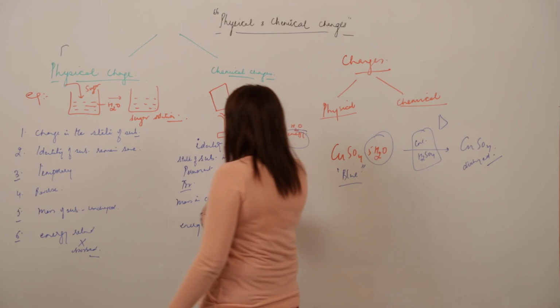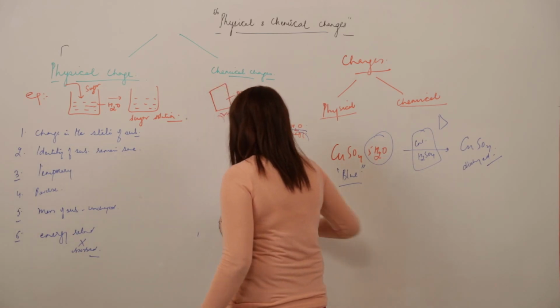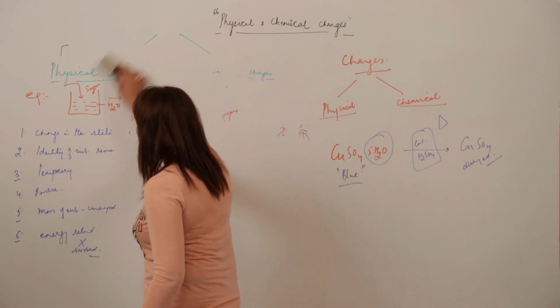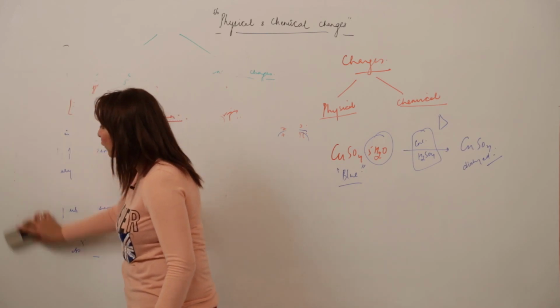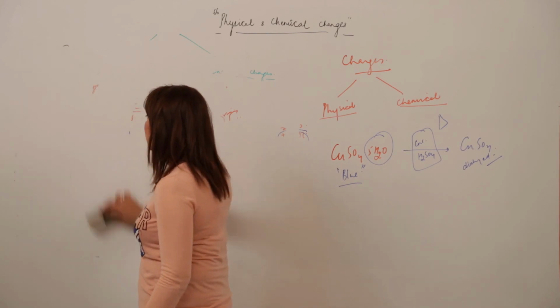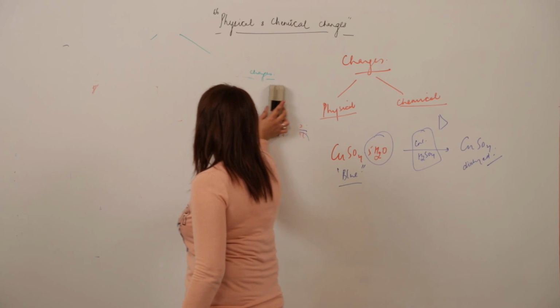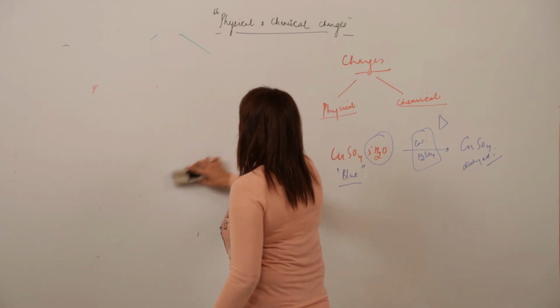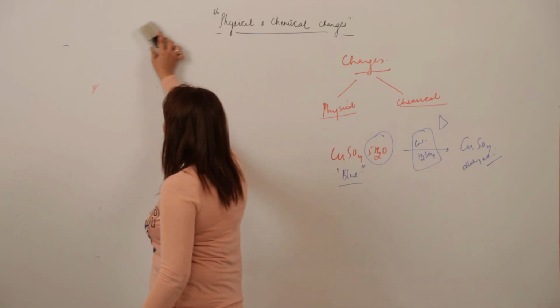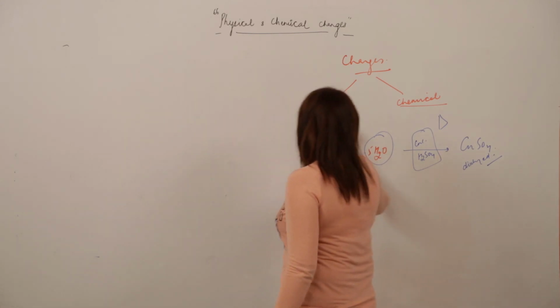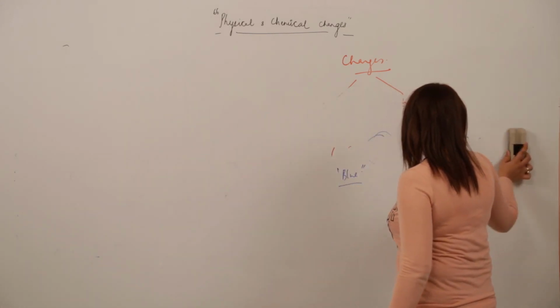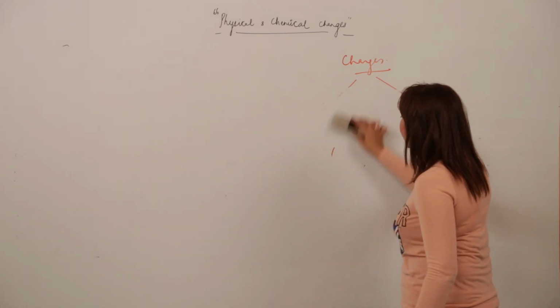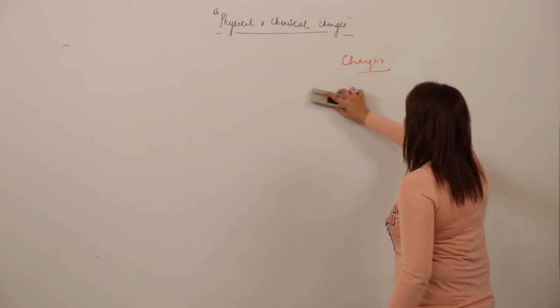Now we will be taking up the new topic. If I want a chemical reaction to occur, that means if I want a chemical change to occur, what are actually the factors which are responsible to bring about that chemical change? So we are looking for the factors that influence a chemical reaction or chemical change.